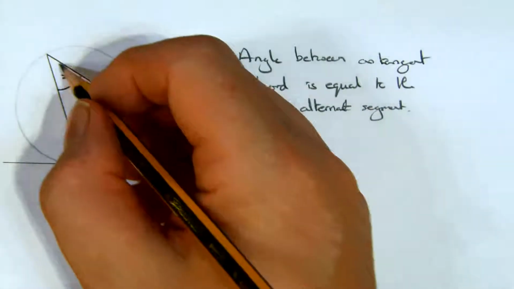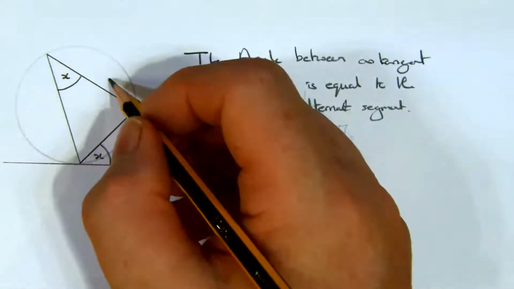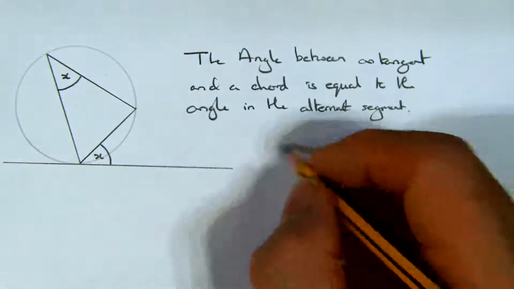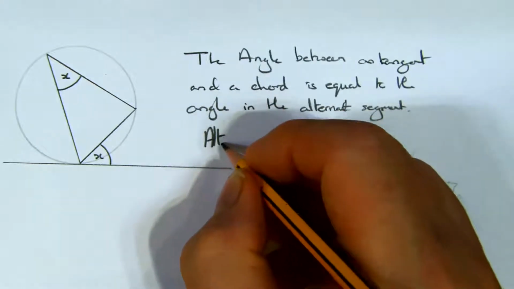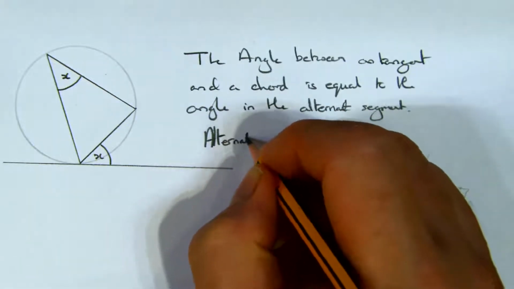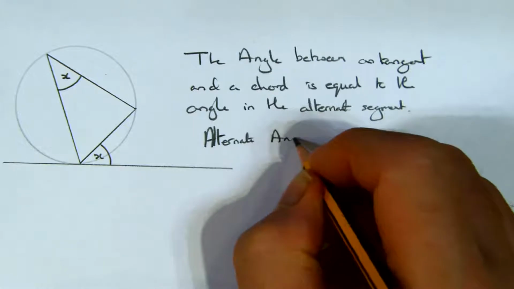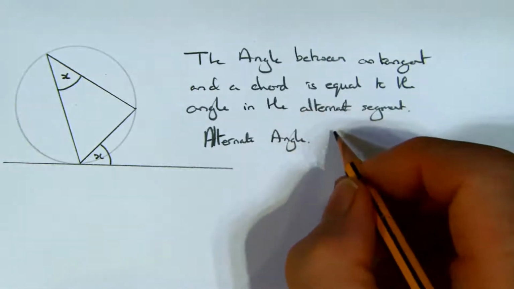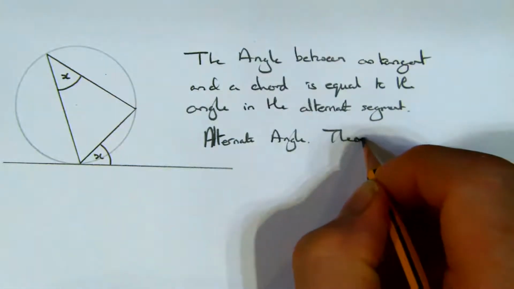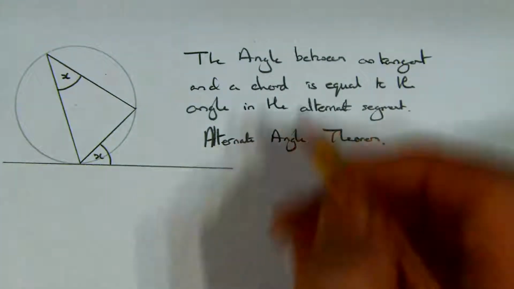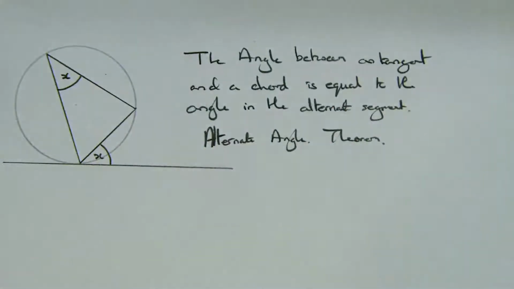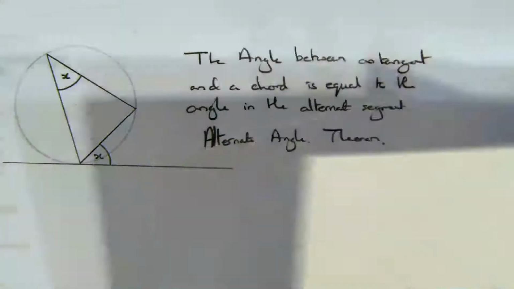So here is another angle in a different segment. So, can't spell. So alternate angle theorem, which gives us a whole load of different things that we've actually met.